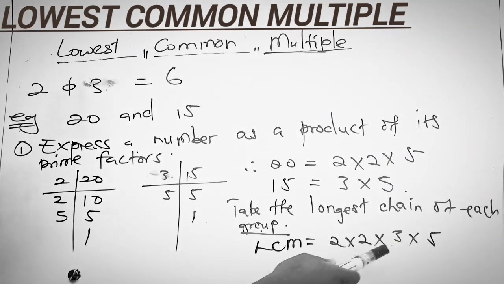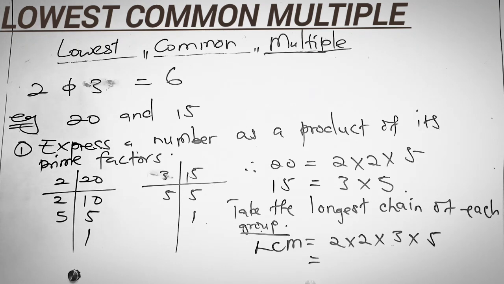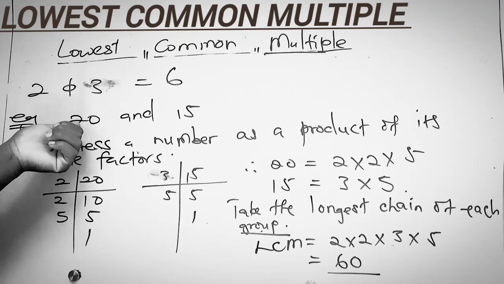Then you multiply these numbers. 2 times 2, 4, 4 times 3, 12, 12 times 5, we get 60.